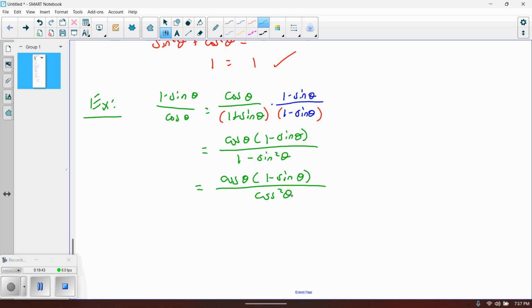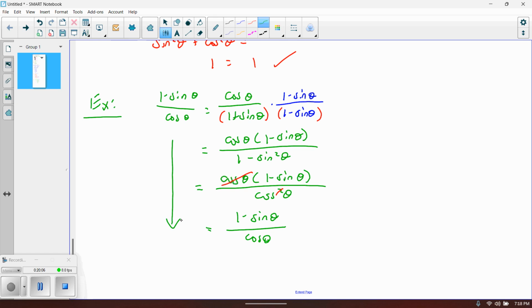This actually looks like it is going to work very nicely because one of those cosines in the denominator is going to get rid of the cosine on top. So ultimately, we are left with (1 minus sine theta) over cosine theta, and that is exactly what we had on the left-hand side.